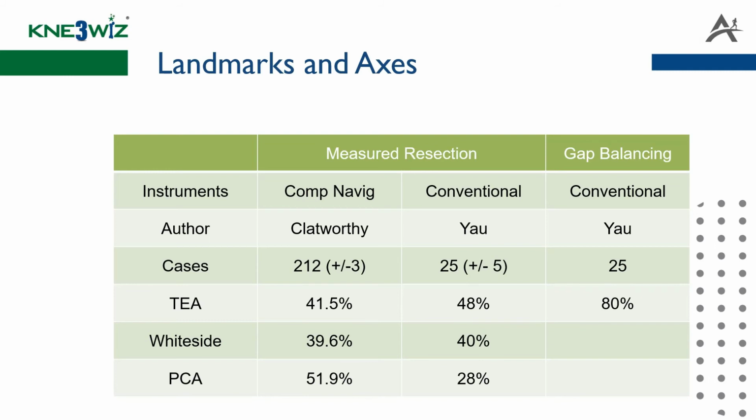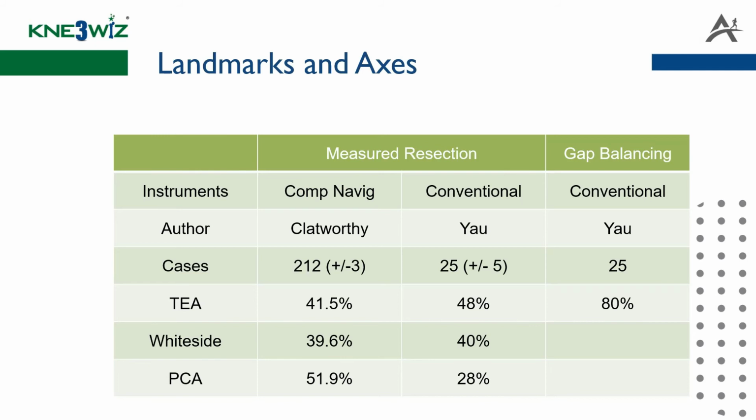In the first column, with 212 cases where the implant was placed along the transepicondylar axis within an error range of plus minus 3 degrees in 41.5% cases with help of computer navigation.